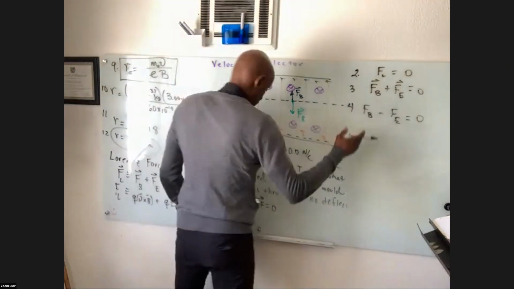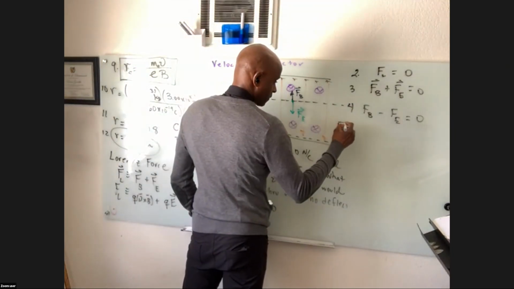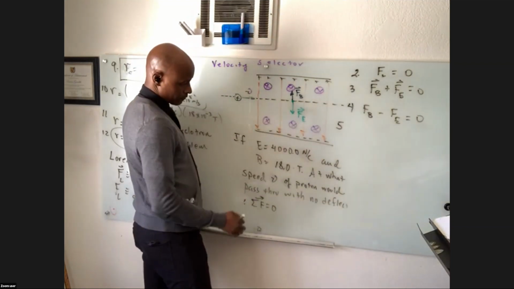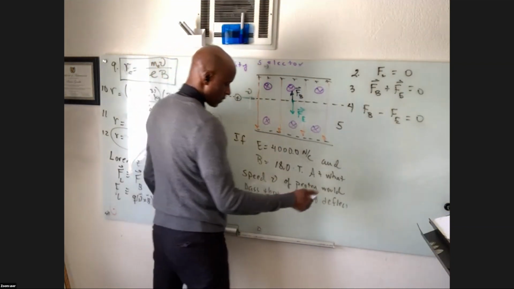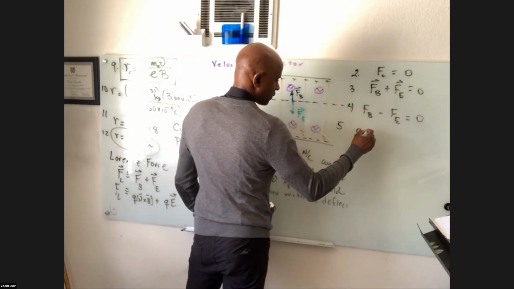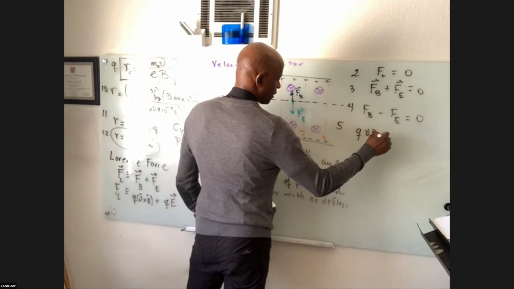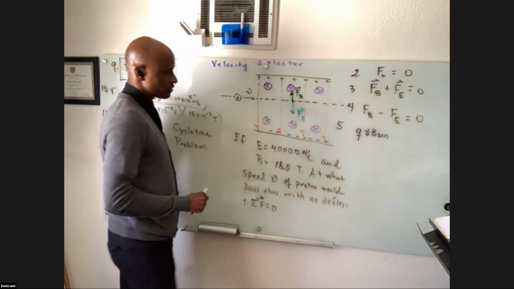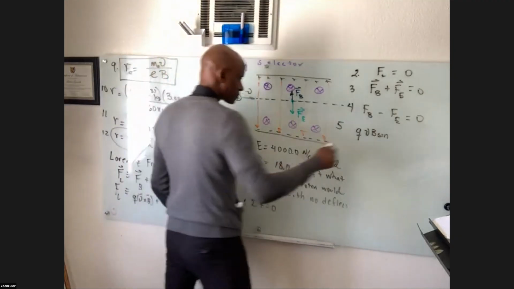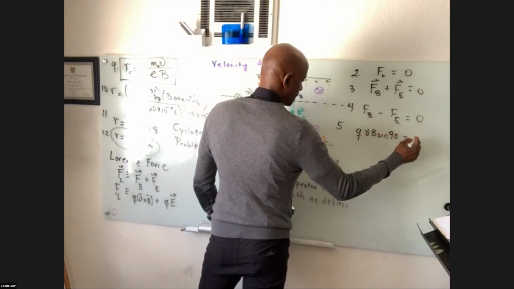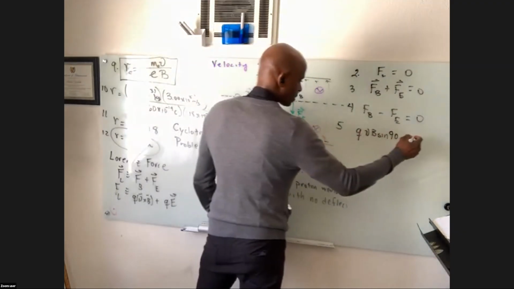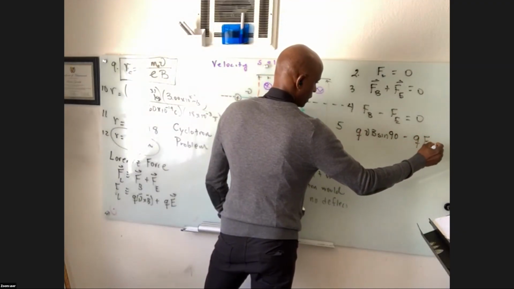The magnitude of F_B is, for a proton, well, let's just do Q for now. So Q V B sine theta, but theta is 90 degrees, that's the angle between B and V, minus the electrostatic force, which is Q times E, equals 0.